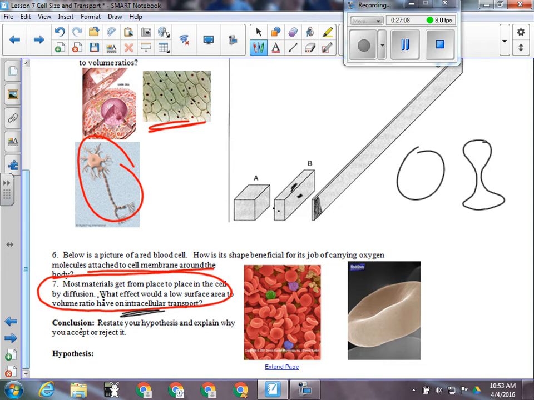Then you got your conclusion. There's no evaluation on this one because we didn't do anything. There wasn't an actual lab procedure, so there's no sources of error. This is simply a mathematical exercise. Are we following what is expected here? You still have 45 minutes. You should be able to get pretty close to done this whole thing, I would think, in that time.